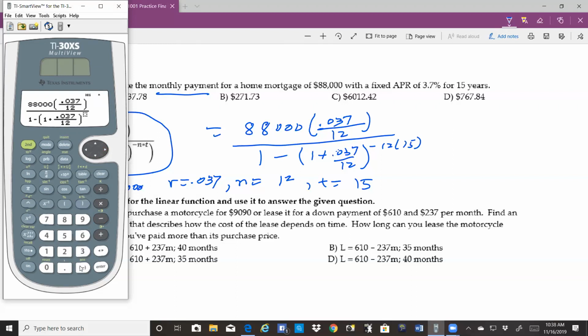It's going to be minus 12 times 15 in the parentheses there.